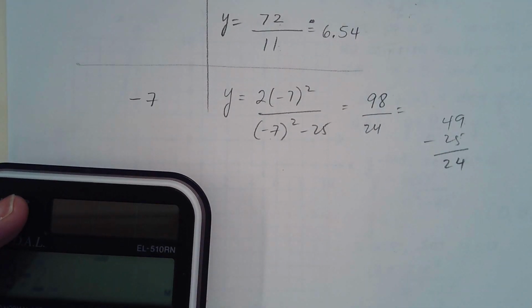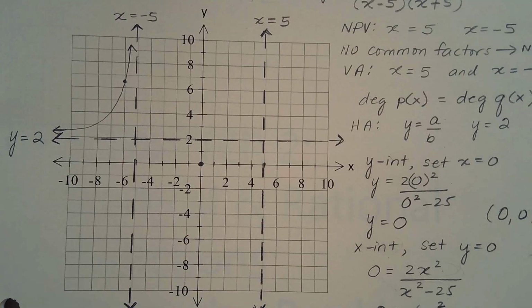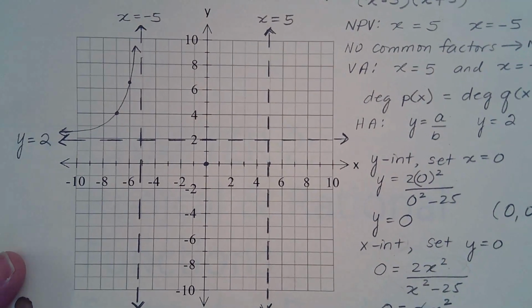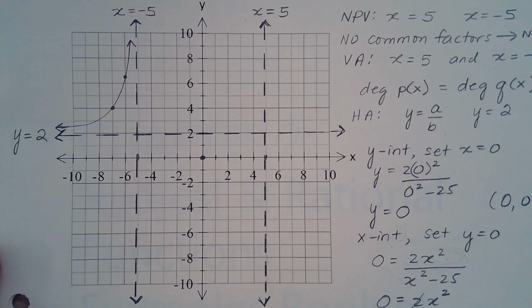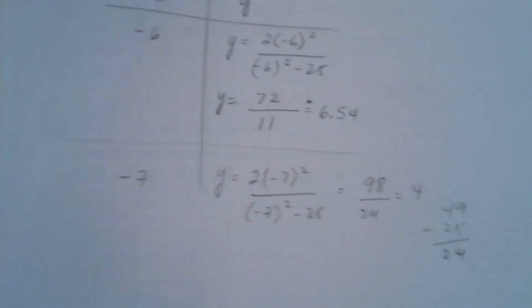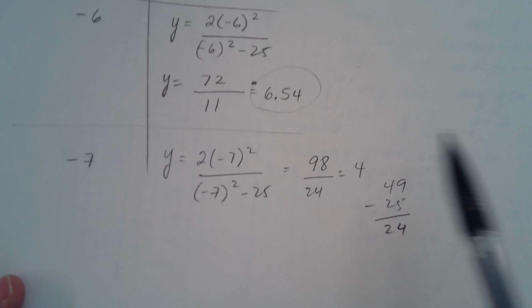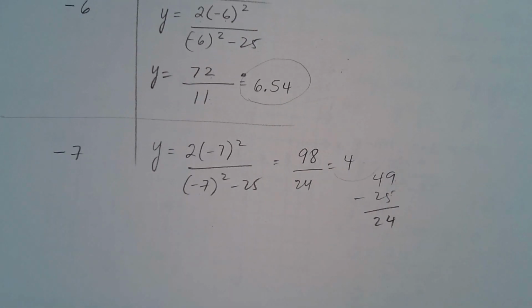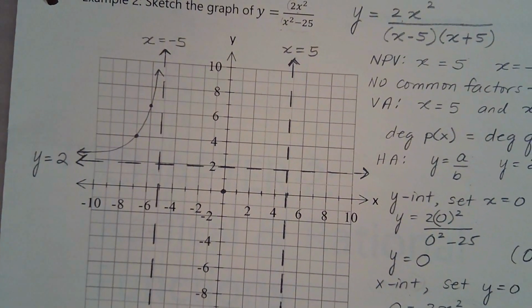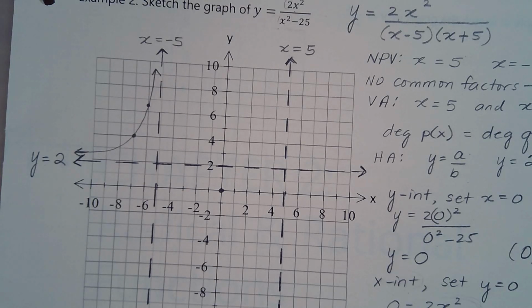So 98 divided by 24 is going to be approximately 4, right? Oh, wow, look at that one. Weird. Okay. So as you can see, we get 6, and now it's down to 4. So it's going to decrease as it approaches the horizontal asymptote. Okay? Good? So far so good?